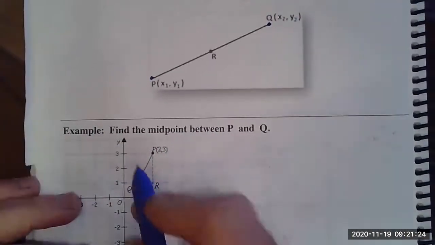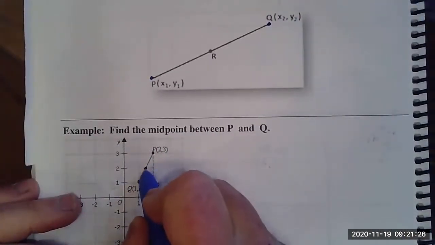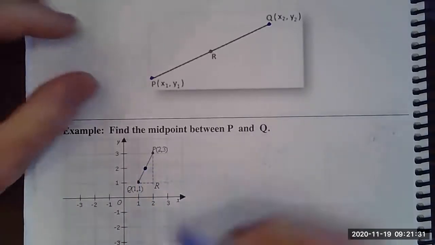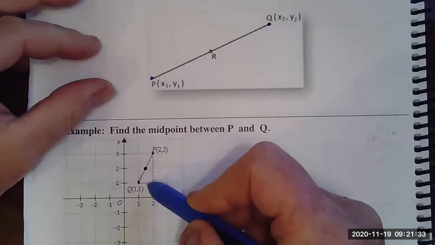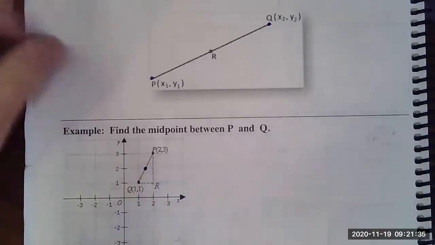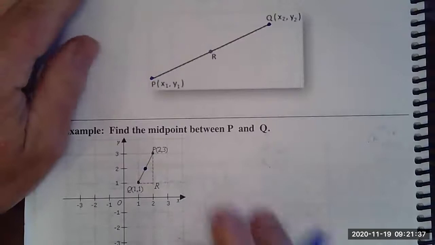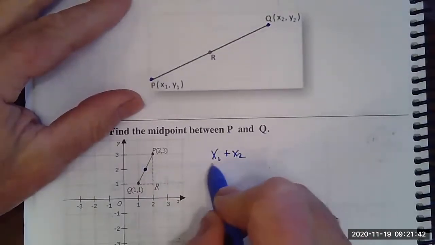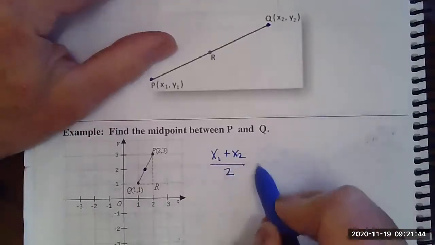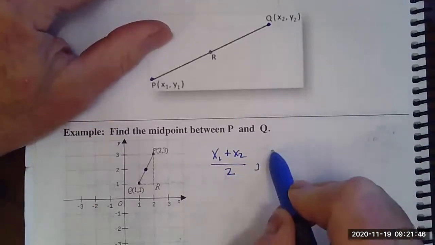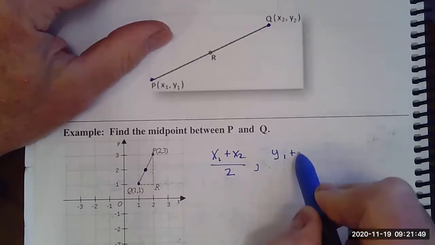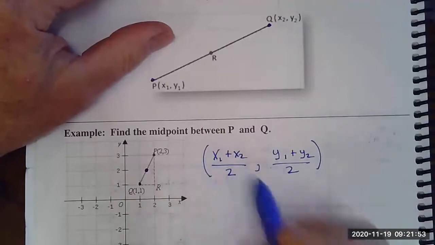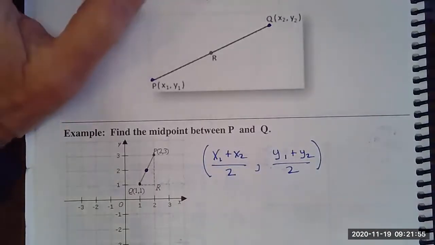All right, let's see. Halfway in between. Well, there's halfway in between right there. It looks like 3/2, comma 2. It looks like that, but I'm going to double check it with x of 1 plus x of 2. Who's x of 1?